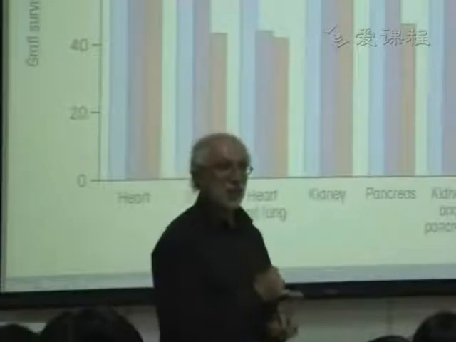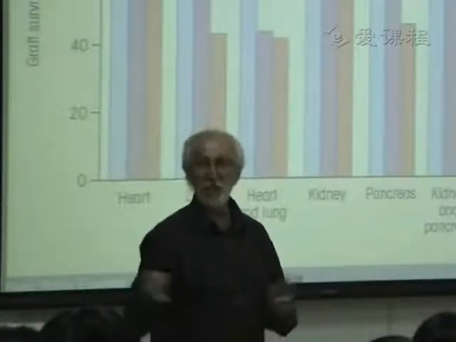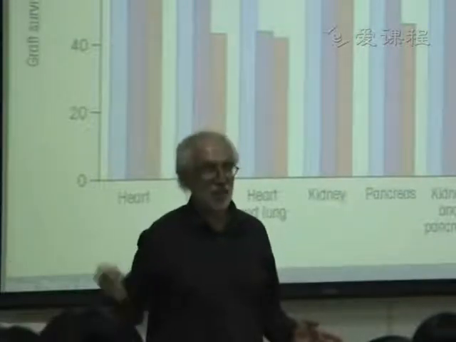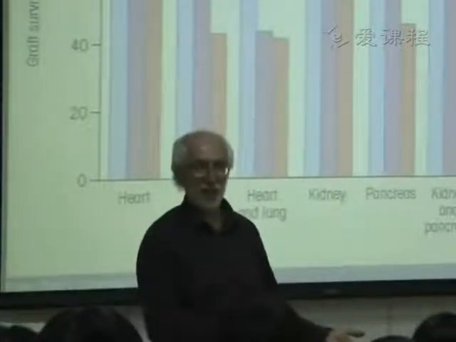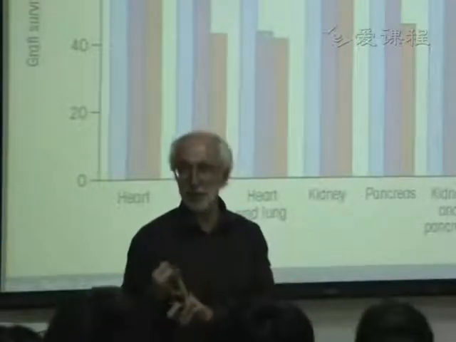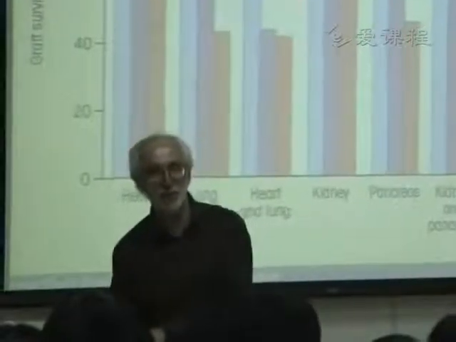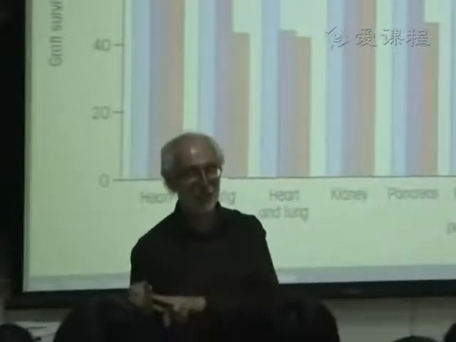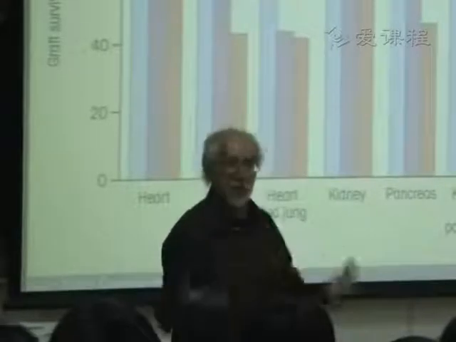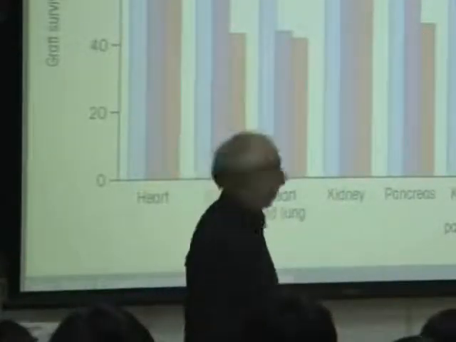You can have a kidney graft, and maybe after 5 years you reject the kidney graft, but you don't die. So you survive, but the graft dies. So graft survival and patient survival are two different things. The graft won't live longer than the patient, but the patient may well live longer than the graft. And you can have another graft. You know, you reject a kidney, maybe you can have another one.